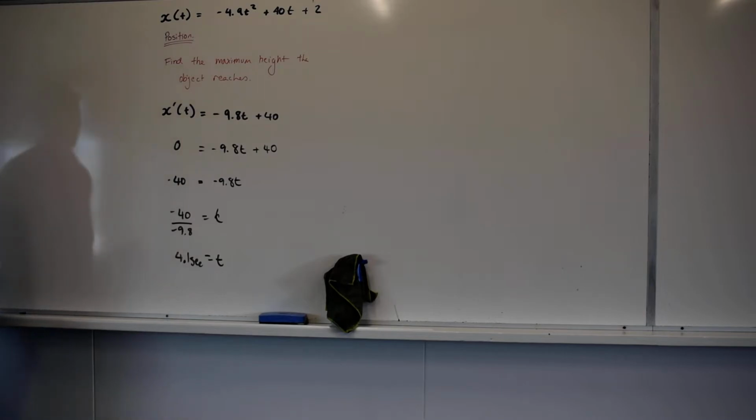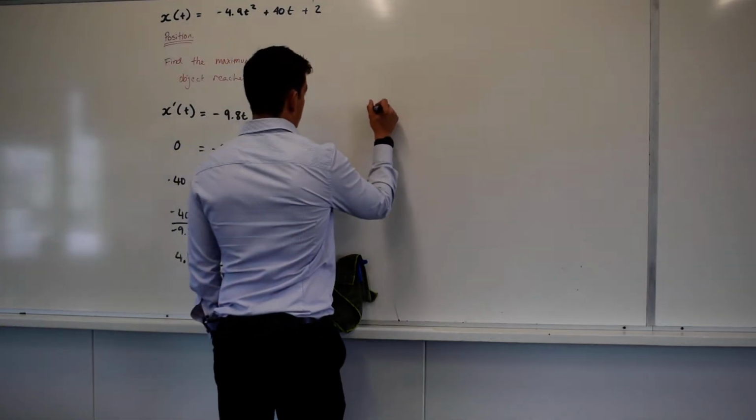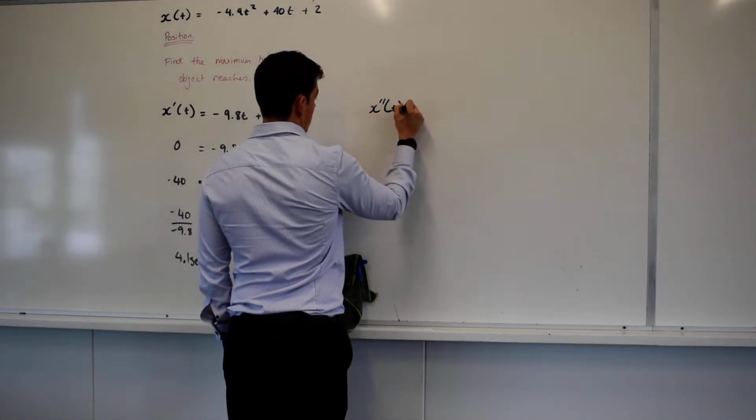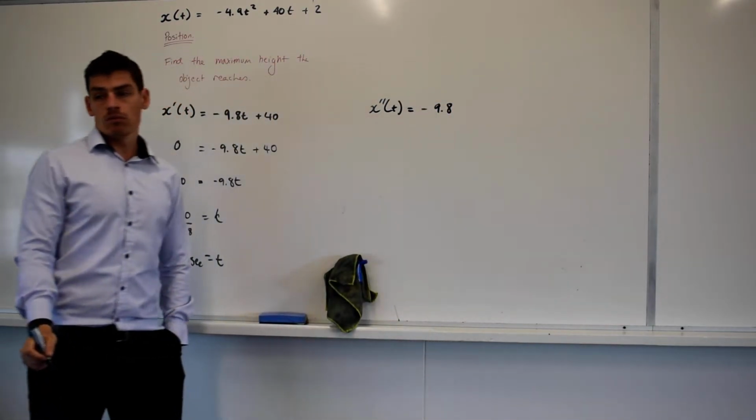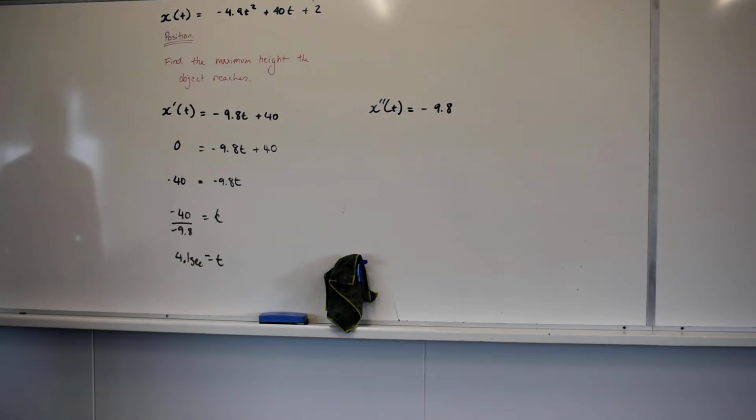Find the maximum height. I have to find the actual position value, but I'm not quite there yet. What is it? You put that value in. Do I know it's a max? How do I prove it? Double derive it. Am I done?